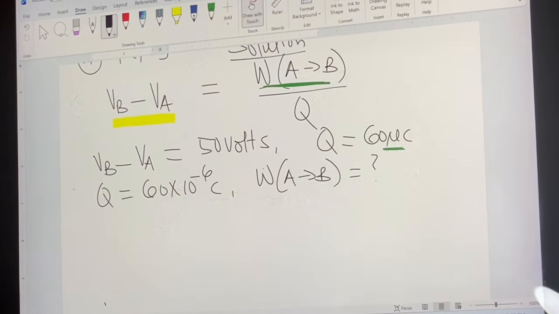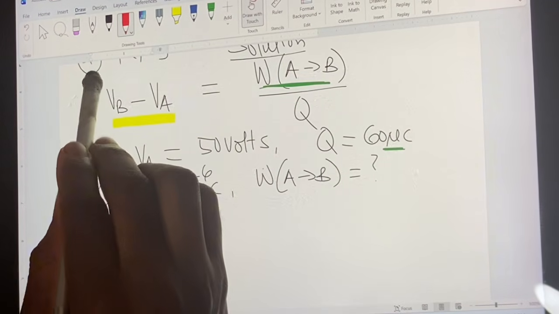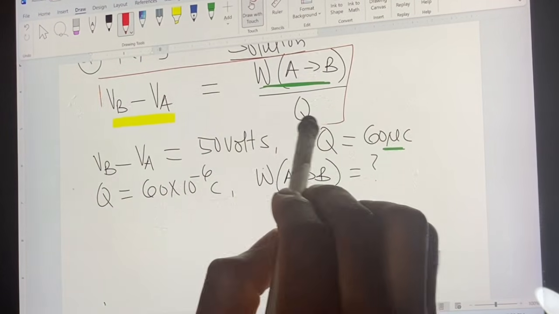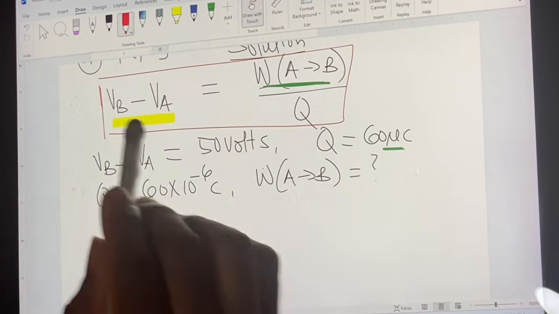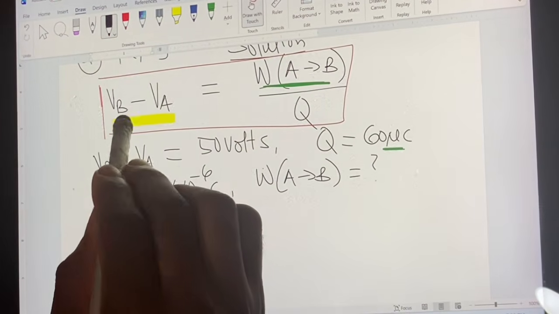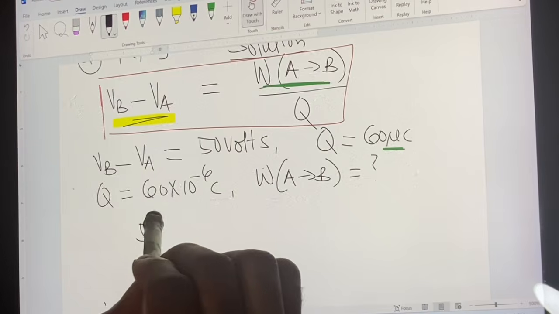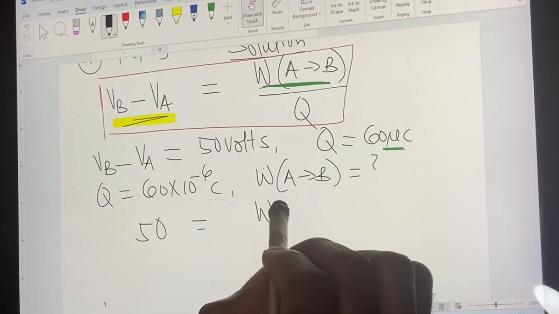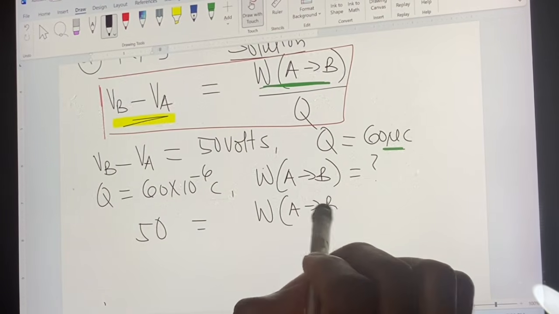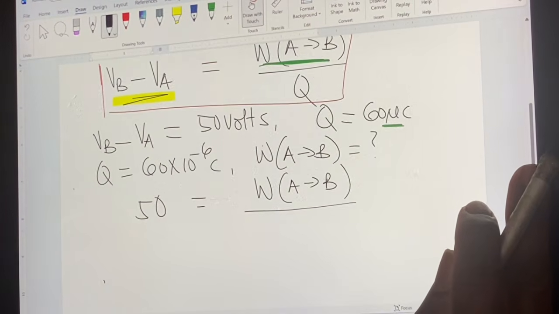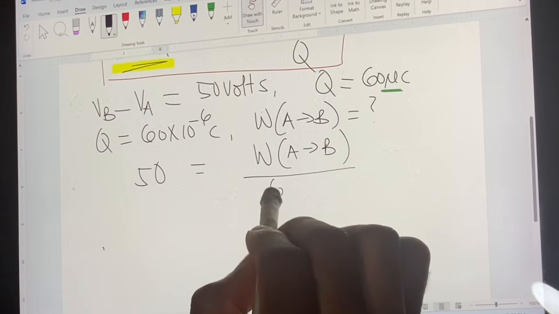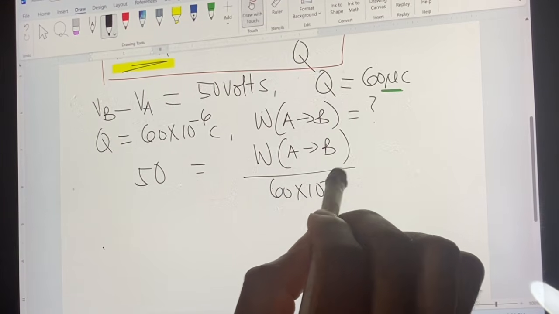All right, let's replace the values using this fundamental formula for electric potential difference. When you replace the parameters, we have 50 is equal to work done moving from A to B over the charge, which is 60 times 10 raised to the power minus 6.